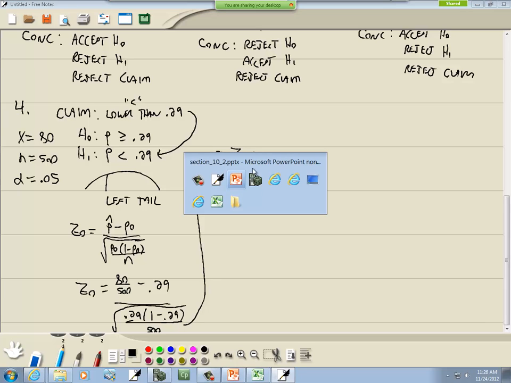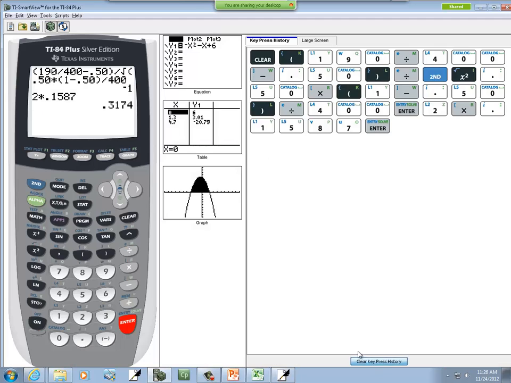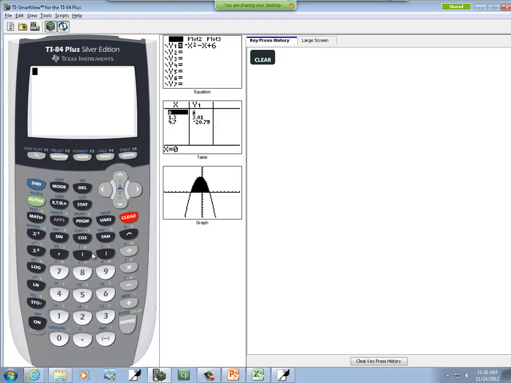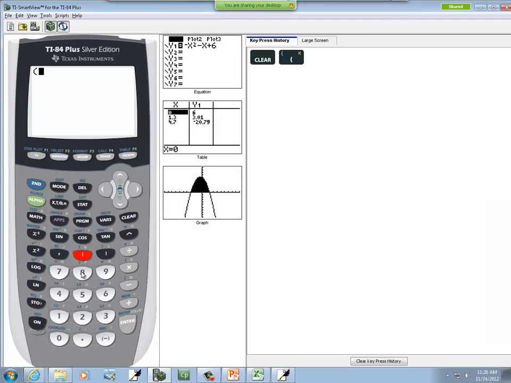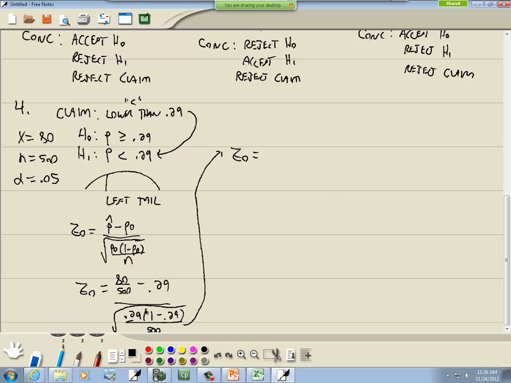So we'll put a beginning parentheses. We want parentheses on top. 80 divided by 500 minus 0.29.